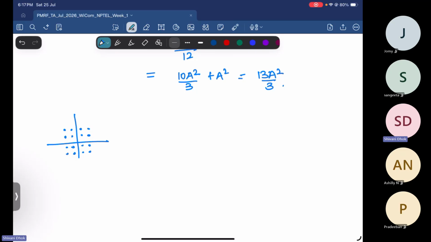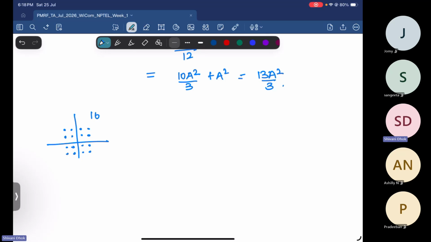So this is your 16 QAM, and 16 is 2 to the power 4. If you have 8 bits, you'll have 2 to the power 8, which is 256 points, and each point will have its energy or Euclidean distance with respect to your origin.